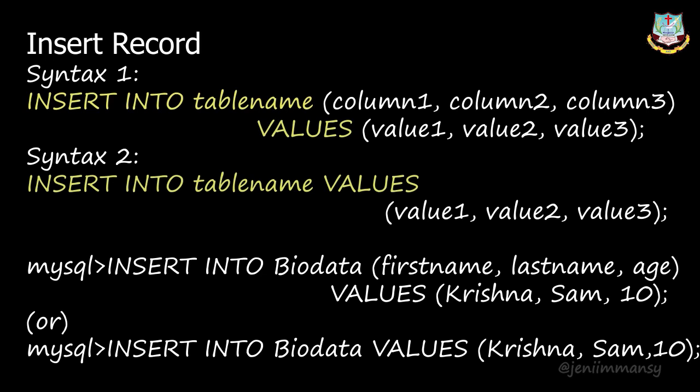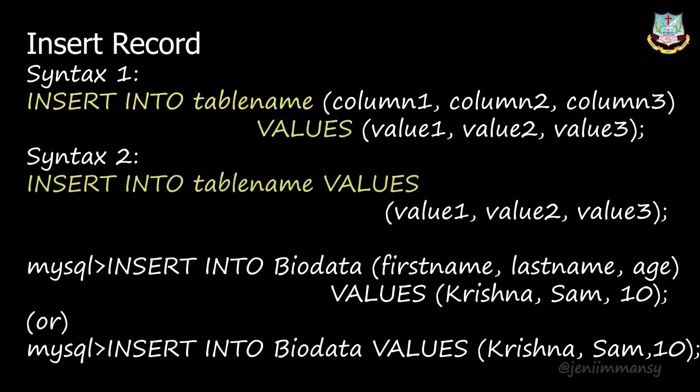If you have one column as name, the next column as age, and the next column as profession, then we give insert into table, and in the bracket we give name, age, and profession. Next we give the values: in the bracket we give Jenny, then the age, and then the profession. Likewise, we give the values inside the next bracket.